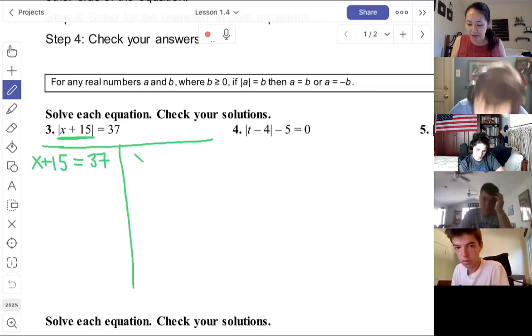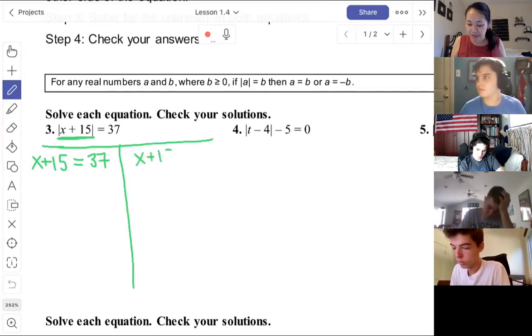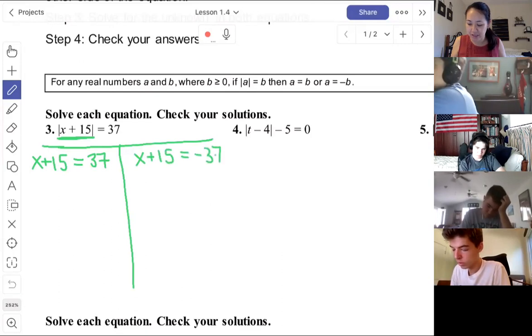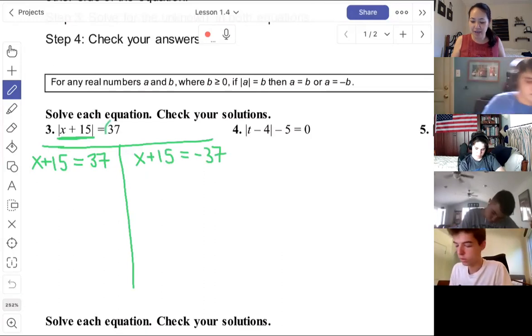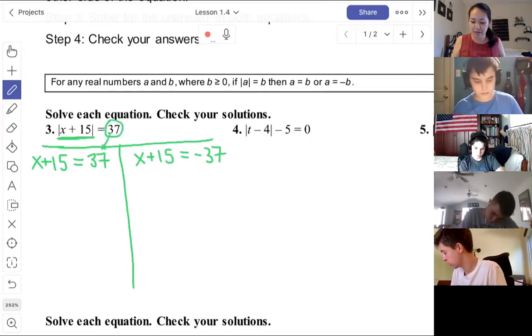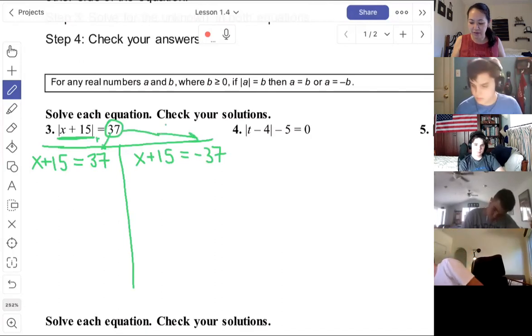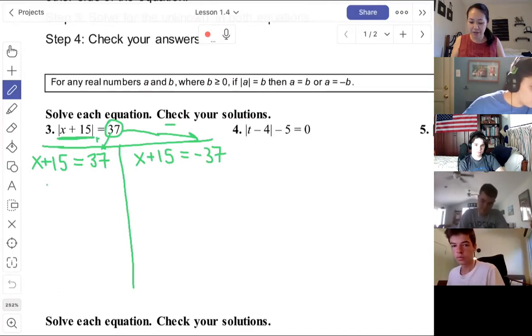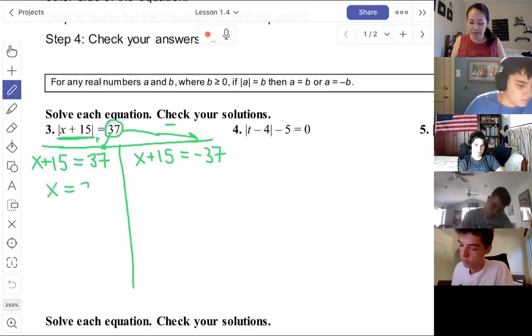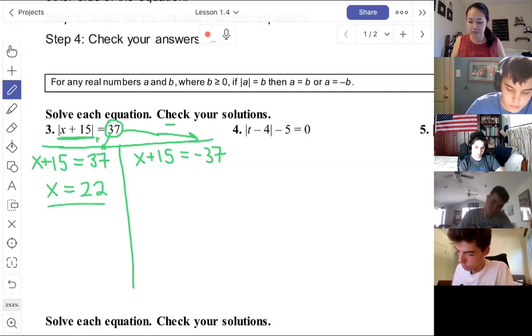Now on the other side though, you're going to do x plus 15 is equal to now the negative version of 37. All right, so whatever is on the right-hand side, positive version, and then this one's going to be the negative version. All right, and then now you just solve for x, subtract the 15, and I get x is equal to 22.